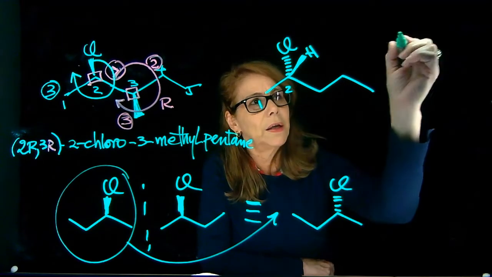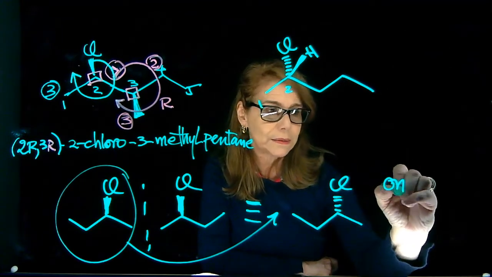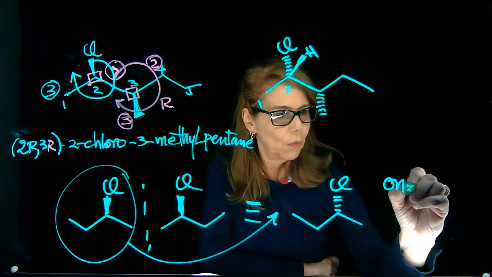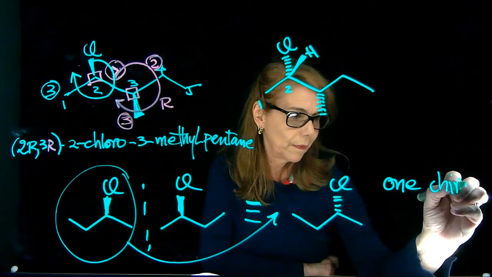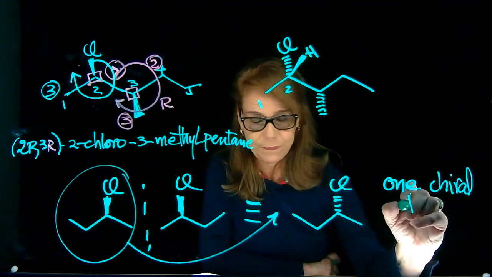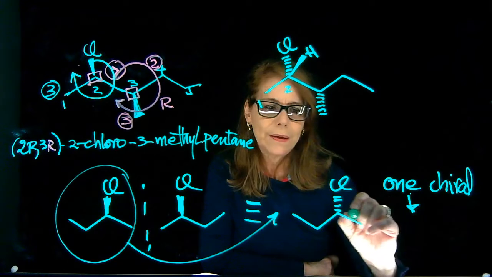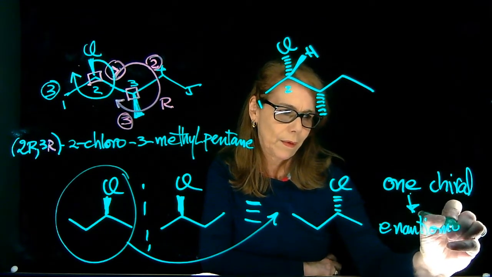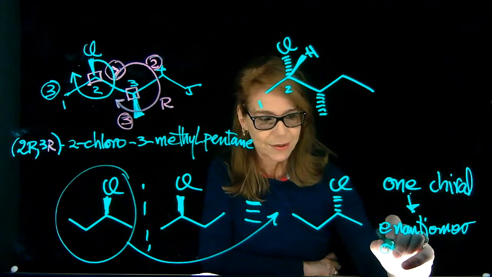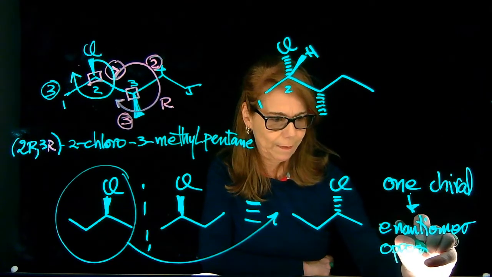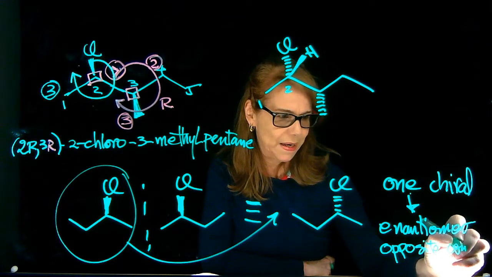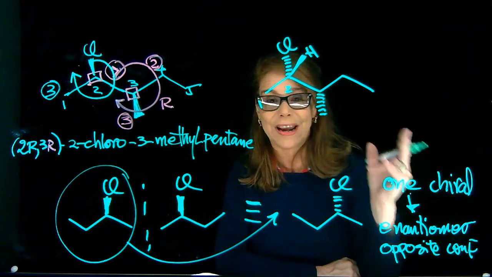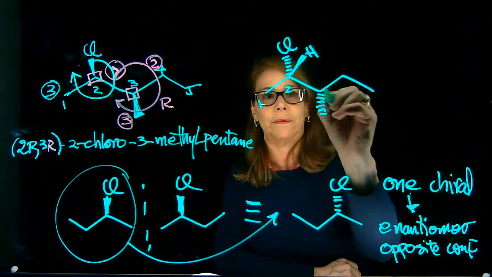So in other words, if you have one chiral center in the chiral molecule, then the enantiomer will have the opposite configuration. But when you do molecules that have more than one chiral center, every chiral center will be inverted.